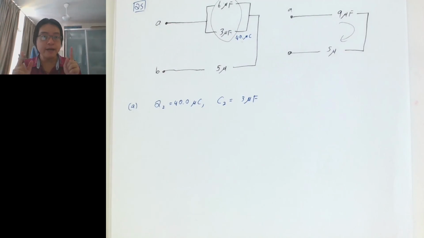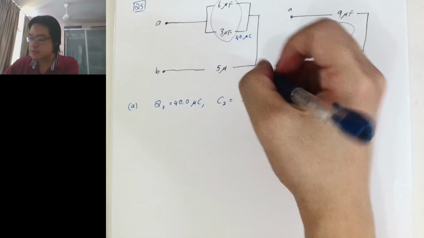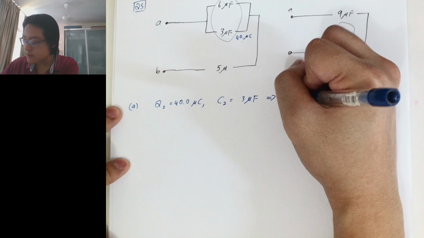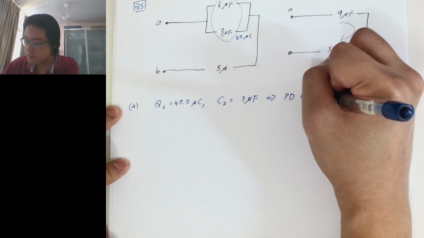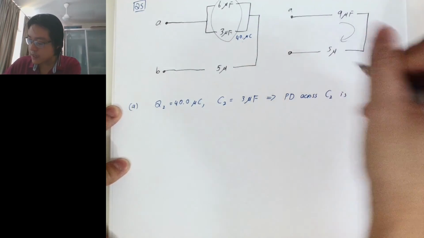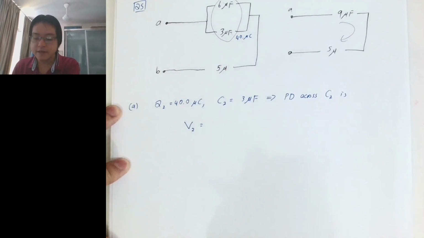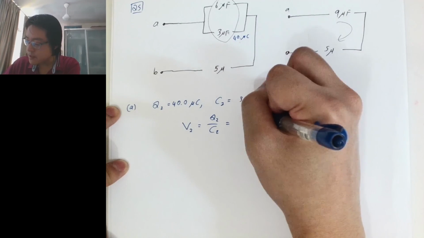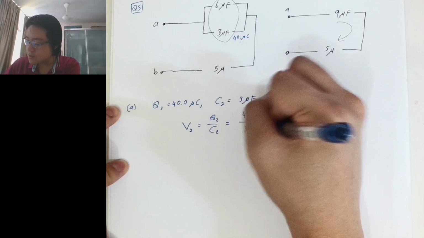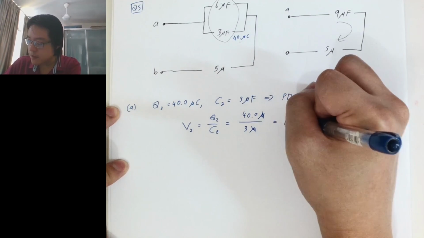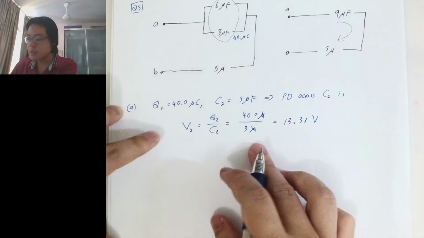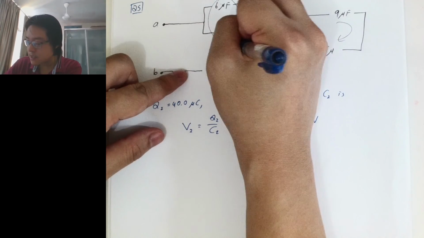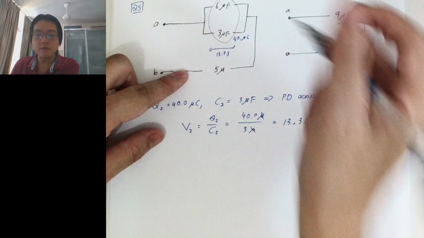So from here, I can immediately calculate the potential difference. I can use Q equals CV, so it's Q2 over C2. So it's 40 micro over 3 micro. This will give me 13.33 volts. So the potential difference across here is 13.33 volts, right?